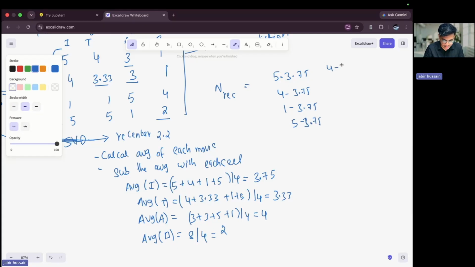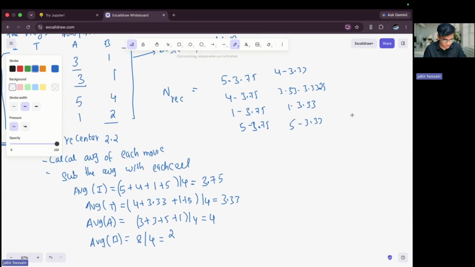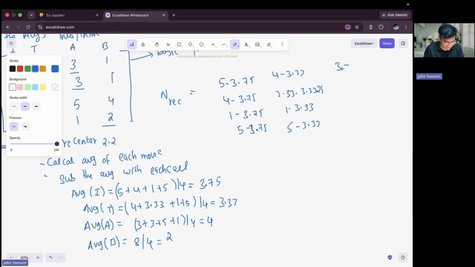Similarly, 4 minus 3.33, 3.33 minus 3.33, which is 0, 1 minus 3.33, 5 minus 3.33. Then for Avengers, 3 minus 4, 3 minus 4, 5 minus 4, and 1 minus 4. And for Batman, 1 minus 2, 1 minus 2, 4 minus 2, 2 minus 2. So this is our recentered matrix.